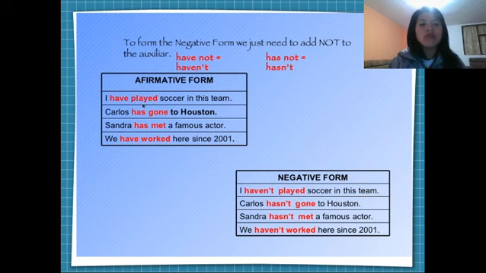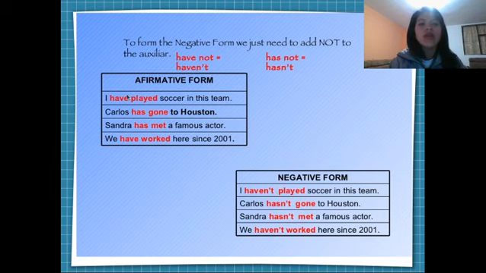En el pasado simple, cuando nosotros ya usamos el auxiliar did o didn't para hacerlo negativo, el verbo va en su forma base. Lo que no funciona en el presente perfecto. El verbo continúa siendo en forma pasado participio. Muy bien, ¿sí?